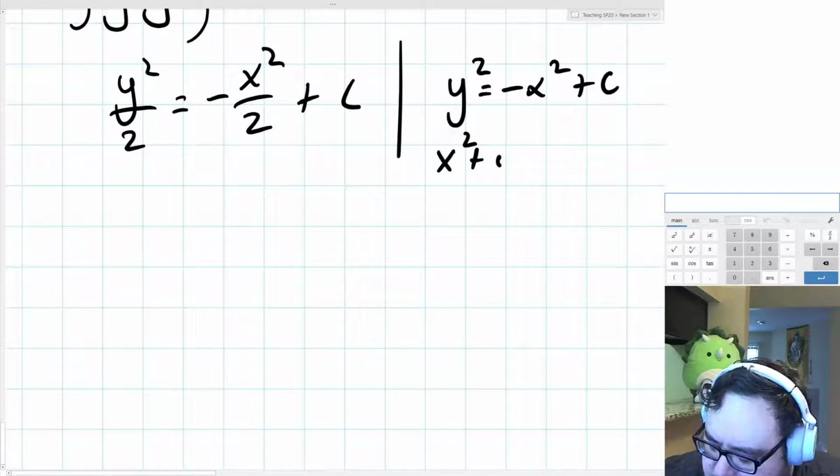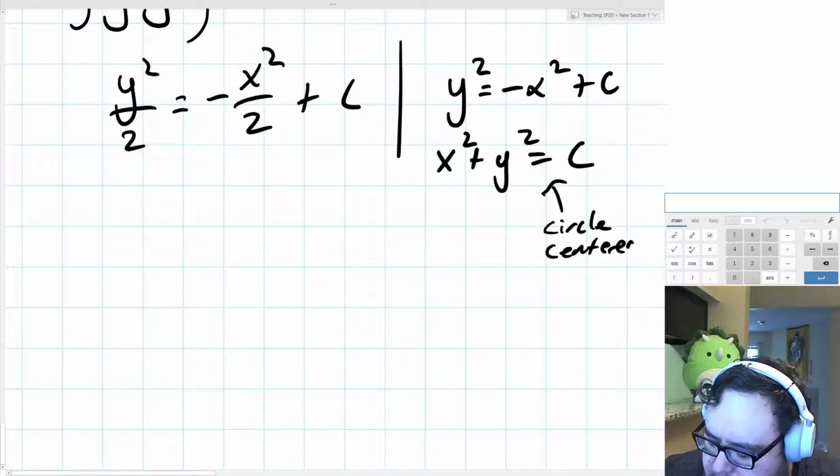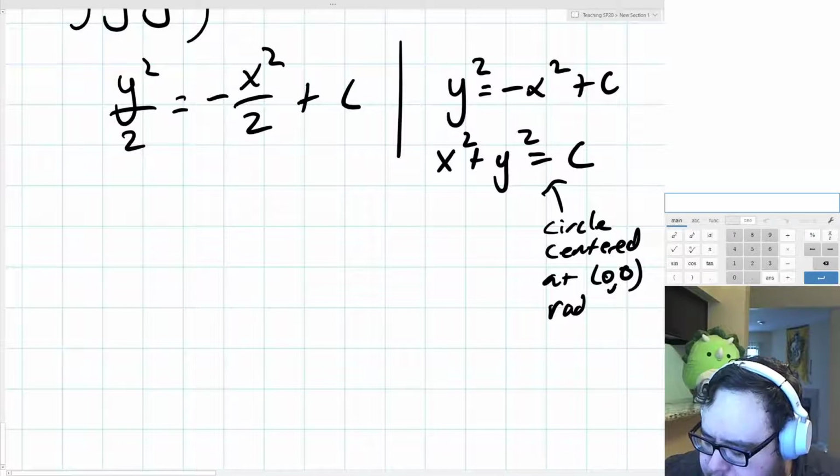And this is the equation of a circle centered at 0, 0 with radius square root of c.